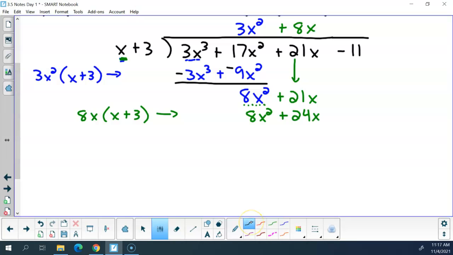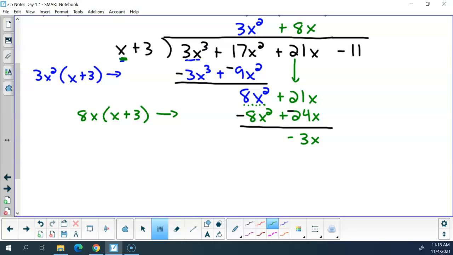What do I do now? So I need to change both signs. What's left over? Negative 3x. Rinse, lather, and repeat.